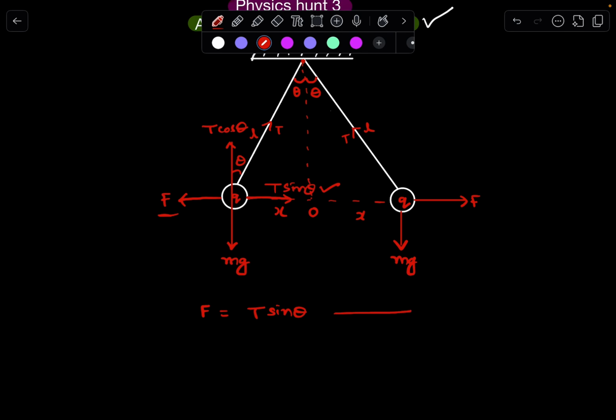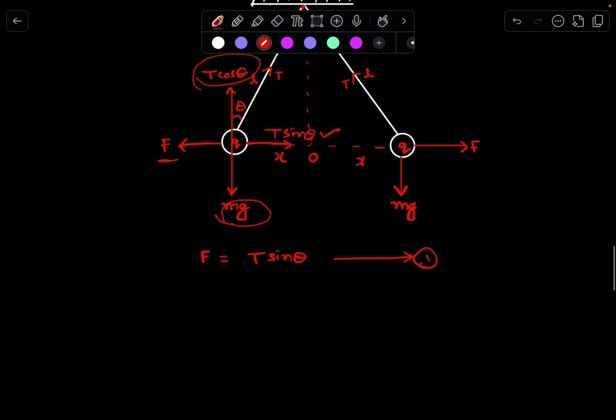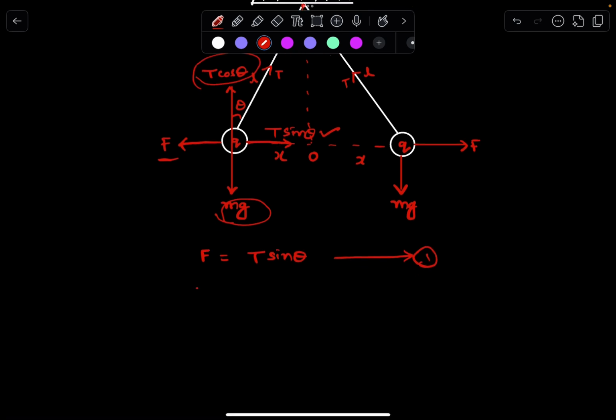Let us assume this is equation number 1. Similarly, weight is balanced by T cos theta. Weight is nothing but mg, so mg is equal to T cos theta. Let us assume this is equation number 2. After getting equations 1 and 2, I'm going to divide 1 by 2.